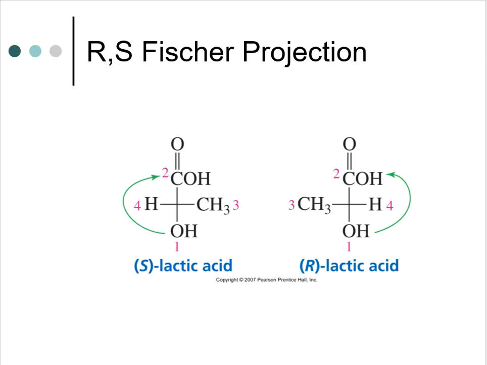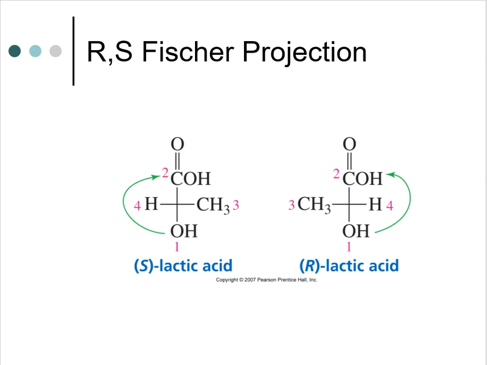So folks, what you see in this example, maybe a little bit clearly drawn out for you and not my chicken scratch handwriting, but these are just 2 examples of Fischer projections, and they've named them lactic acid. So lactic acid, very similar to lactose. Lactose, you might think of milk. So this is more of a biological kind of perspective, and again, that's where this Fischer projection really plays a heavy foot.